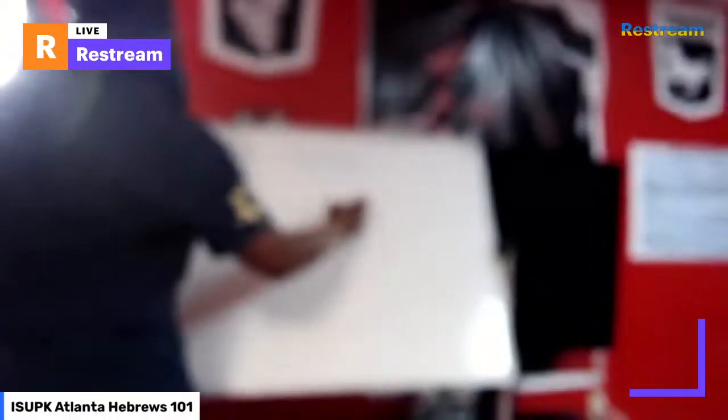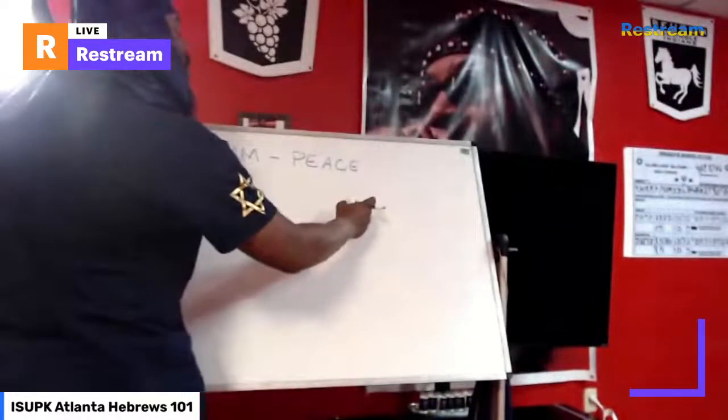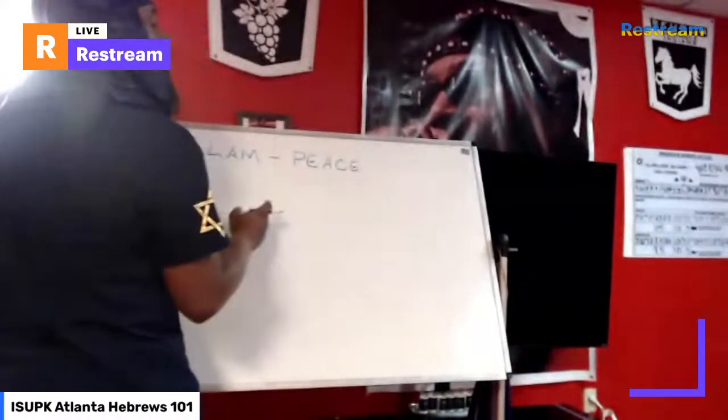So now, real quick, when you hear shalom, how many syllables do you hear? You hear 2, right? Shalom. So now let me write it for you in Hebrew. In Hebrew, we write from right to left.